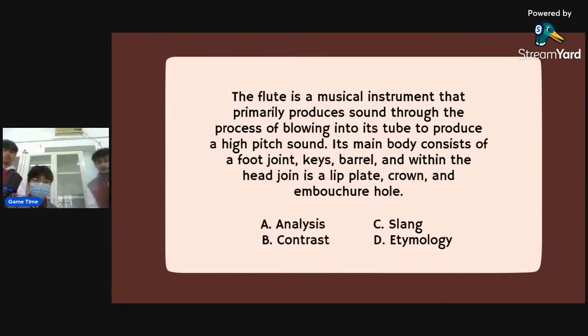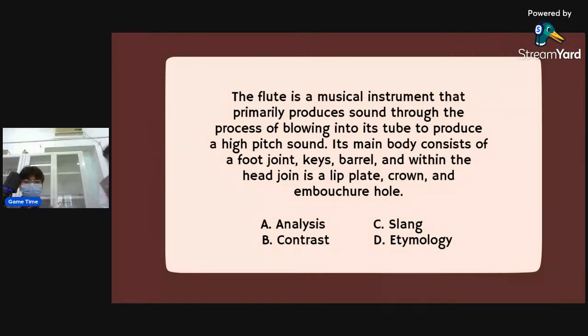Okay, next. The flute is a musical instrument that primarily produces sound through the process of blowing into its tube to produce a high-pitched sound. Its main body consists of a foot joint, keys, barrel, and within the head joint is a lip plate, crown, and an embouchure hole. So basically, this is related to lesson 4.